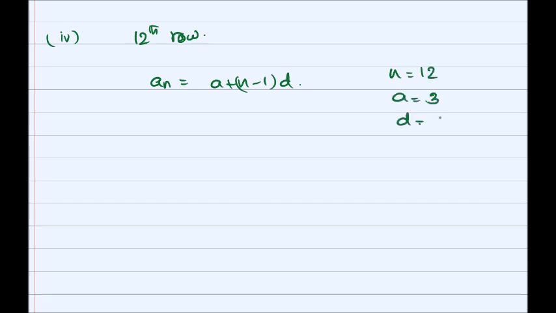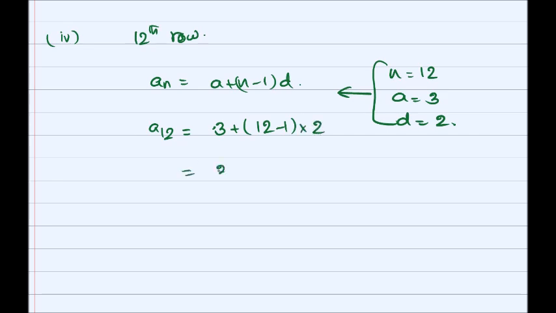Moving to the fourth question, find the number of candies in the 12th row. We know that an is equal to a plus n minus 1 into d. Here n is equal to 12, a is equal to 3, d is equal to 2. Substitute these values. a12 is equal to 3 plus 12 minus 1 into 2.